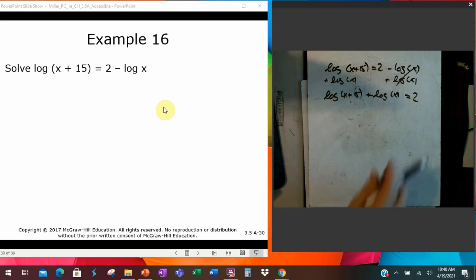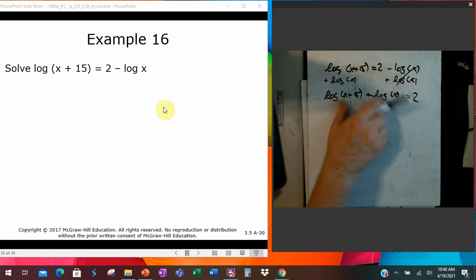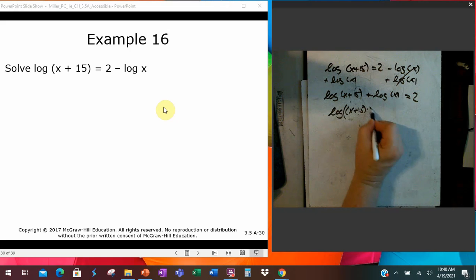Now I'm getting there. Now I've got some number, some log expressions. I'm going to bring these back in. Addition goes to multiplication, so log of x plus 15 times x is equal to 2. And now I just want to recall what this means. This is a base 10.